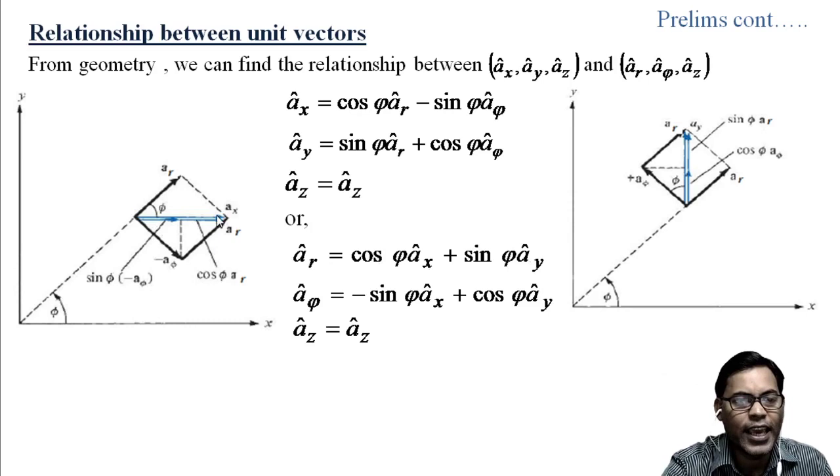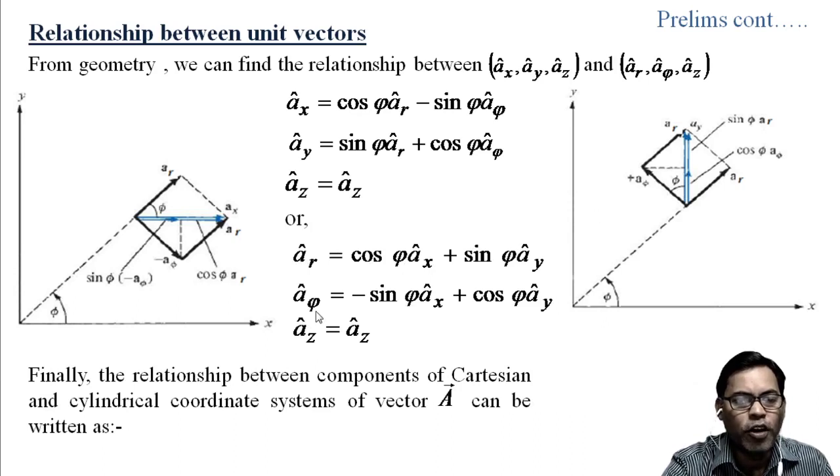So this is ar, the component of ax along ar will be cos phi ax, and the component of ay along ar will be sin phi ay. So from that we can get ar. Similarly we can find out fi and az.